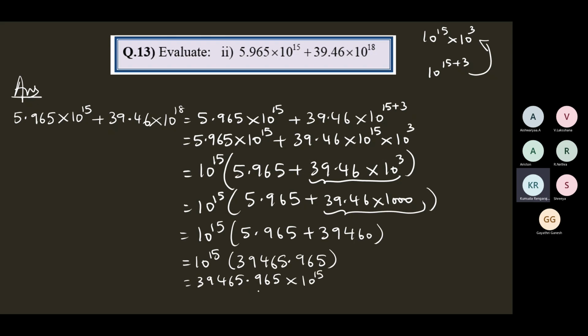Now ask yourself if this is in the scientific notation. The second part is fine, 10 to the power 15, but the first part is way more than 10. So write the first part, 39,465.965, in the scientific form.